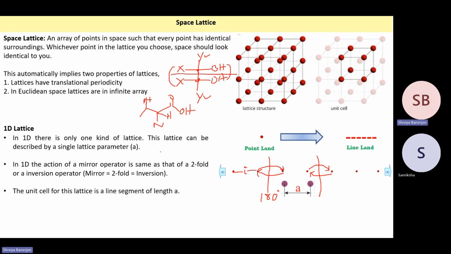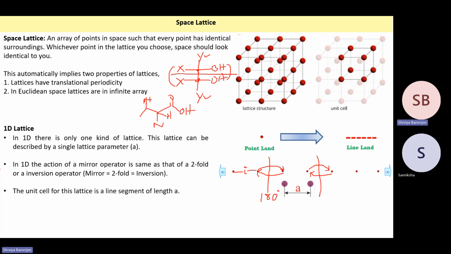Otherwise, in any molecule, if you have one chiral center, the entire molecule becomes chiral. Means if one center is chiral, then the whole molecule is chiral. But if no center is chiral, then the molecule is fully achiral. Yes, correct.